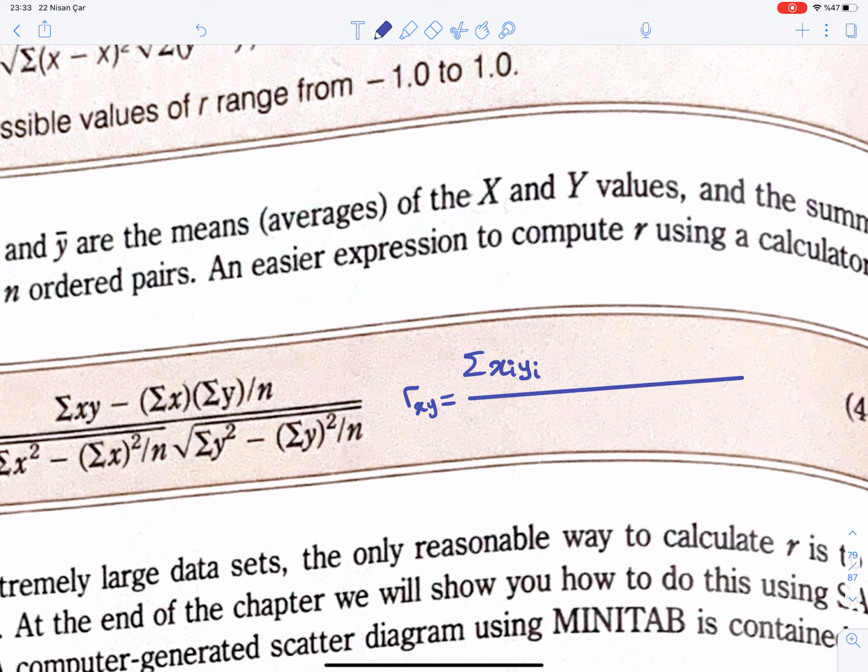I prefer to place the indices, the subscript i from 1 to n. This is my style.